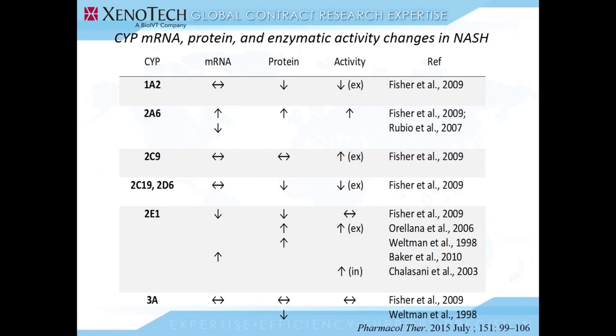In human studies, CYP2E1 activity was increased or induced in NASH. This appears to be supported by 4 of 5 studies listed in this review, with the exception of Fisher. And Fisher was done with frozen chunks of liver obtained from multiple sources.